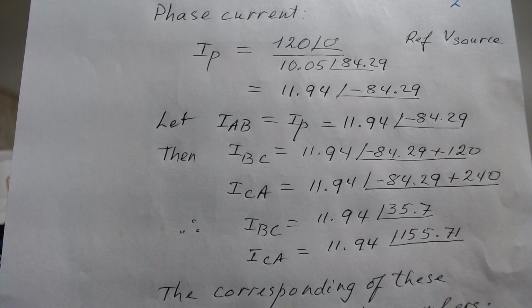And ICA is equal to 11.94 with an angle of minus 84.29 degrees plus 240 degrees, which gives us the value of IBC equal to 11.94 with an angle of 35.7 degrees, and the phase current ICA is equal to 11.94 with an angle of 155.71 degrees.